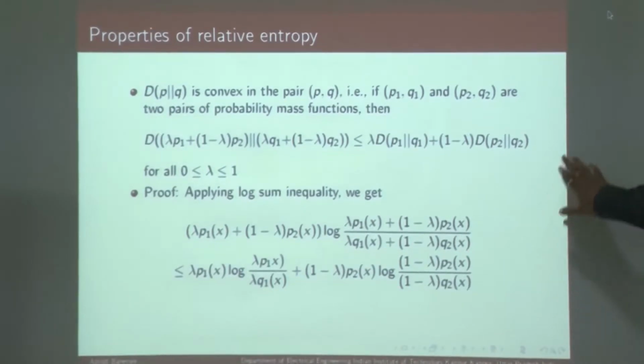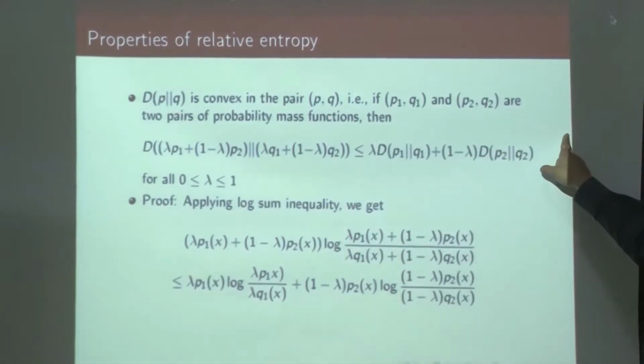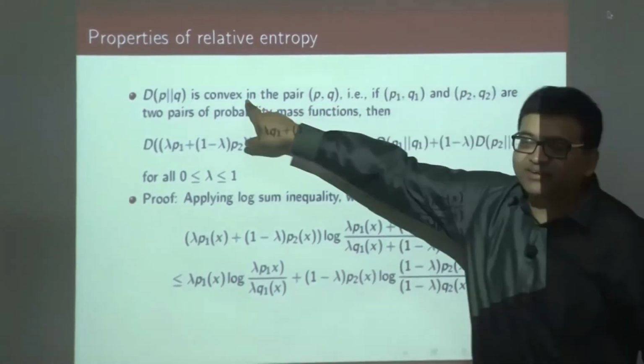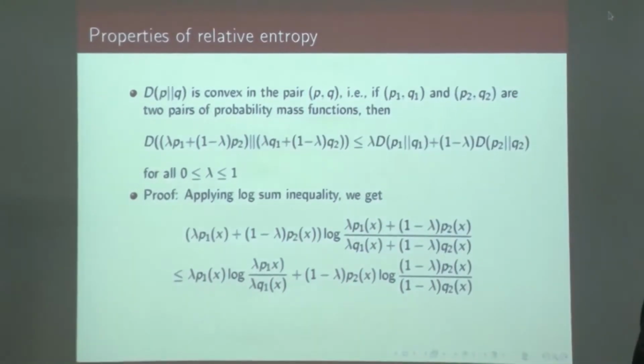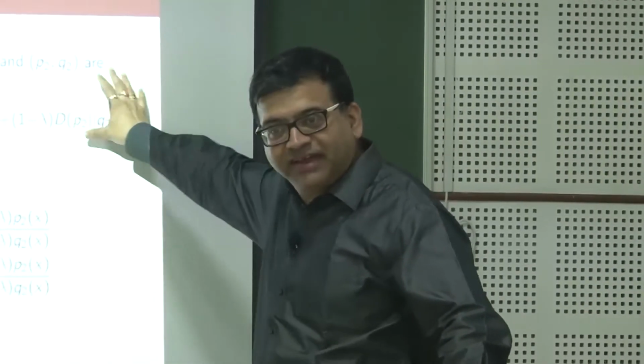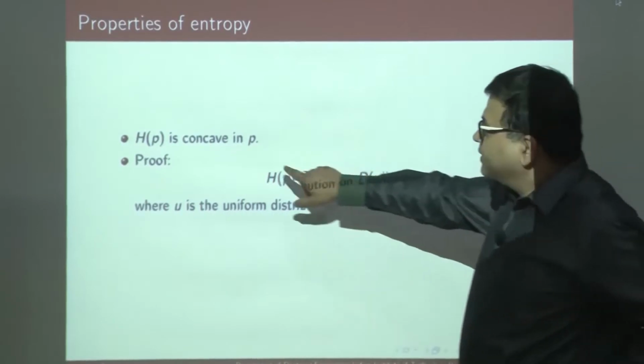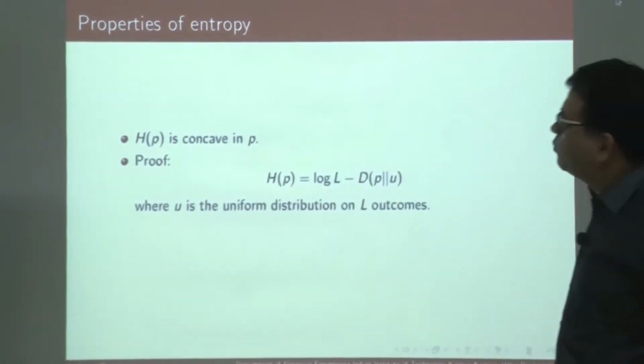So what I have shown is this, and if I have shown this relation, that means it is a convex function. You can see this result illustrates that I have used both results: the properties of concavity and convexity, and the log sum inequality. I am just going to show you a very small result.